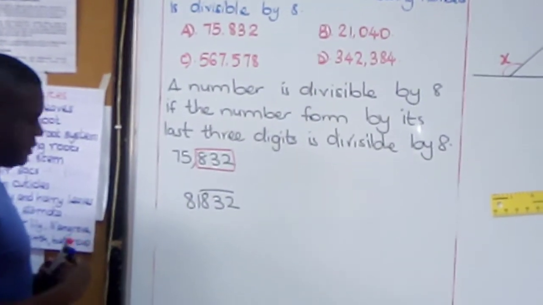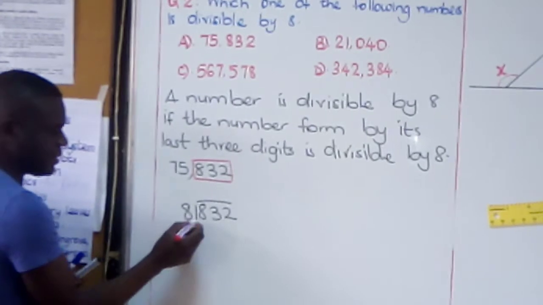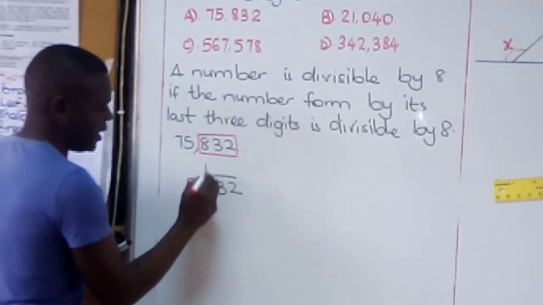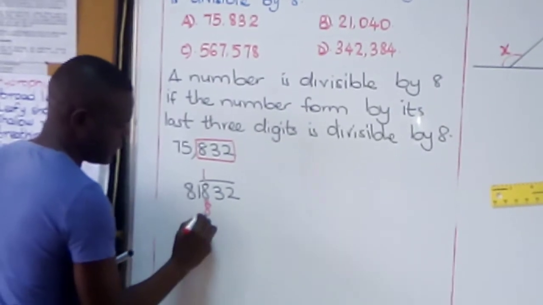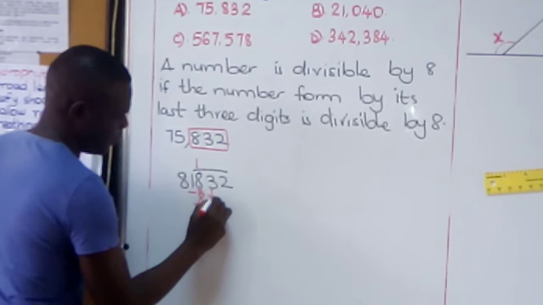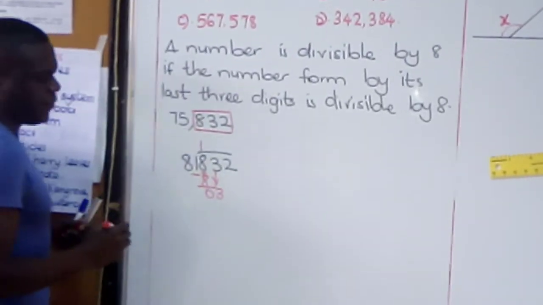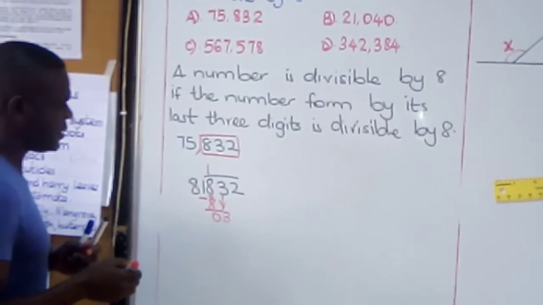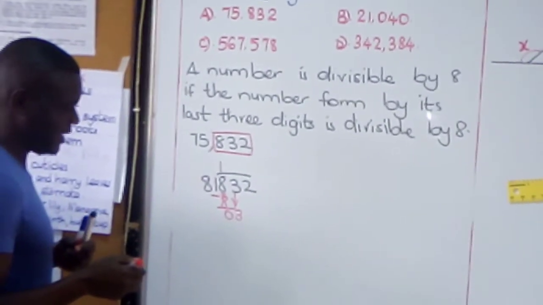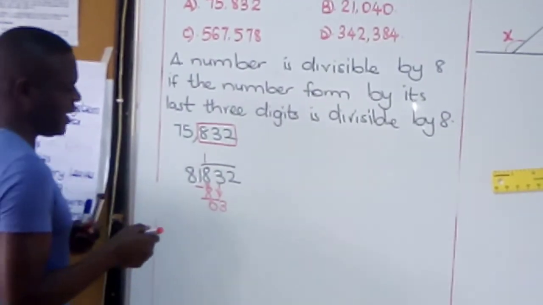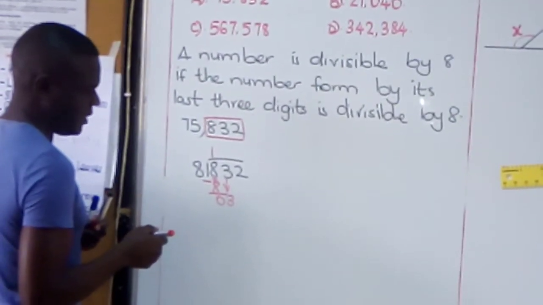8 divided by 8 is 1. Because of 8, we subtract and we have 0. We drop 3. 3 cannot be divided by 8.